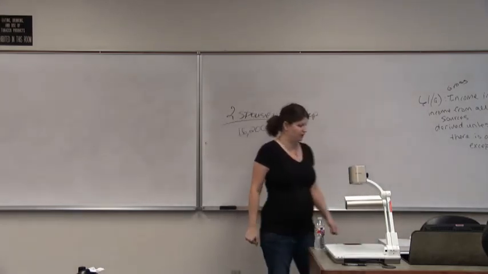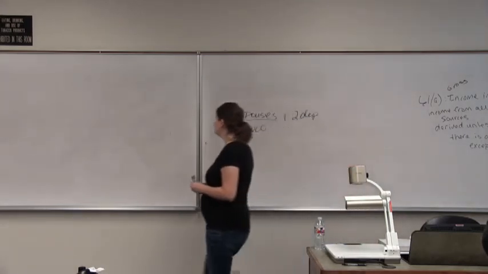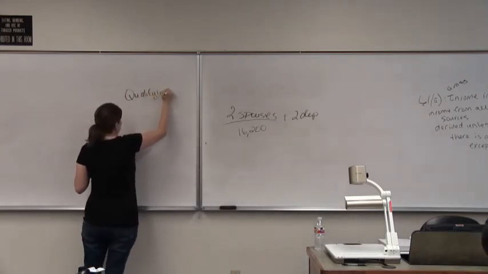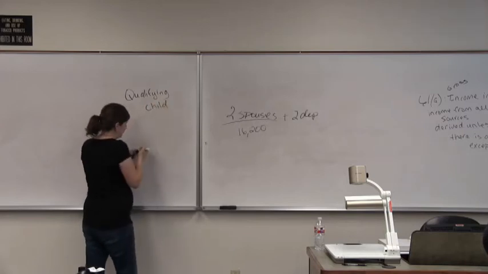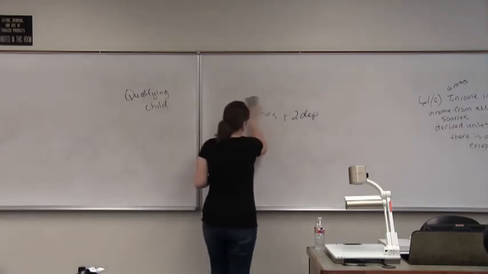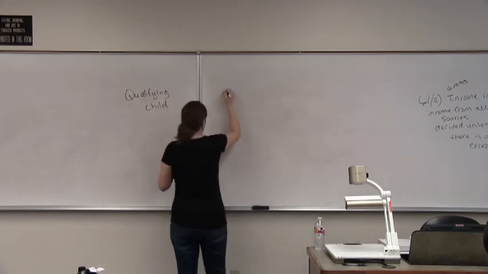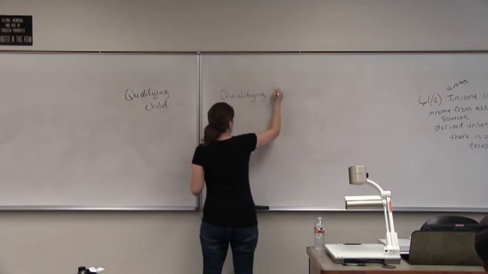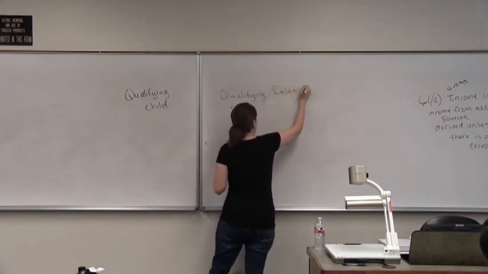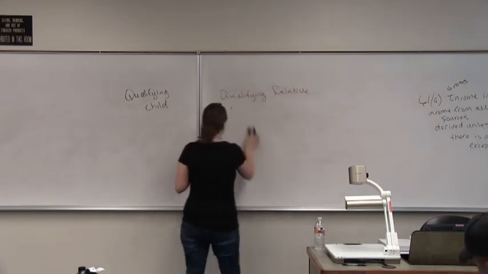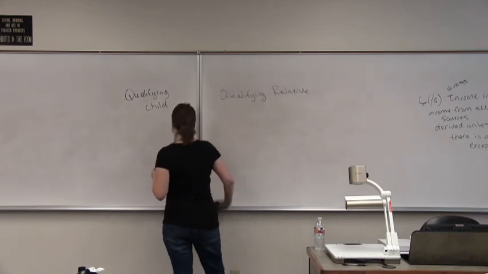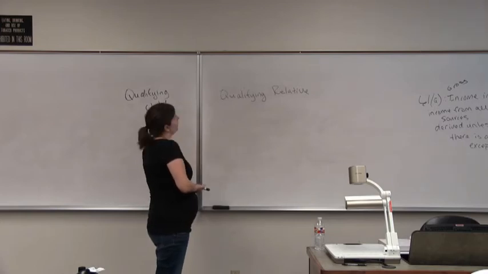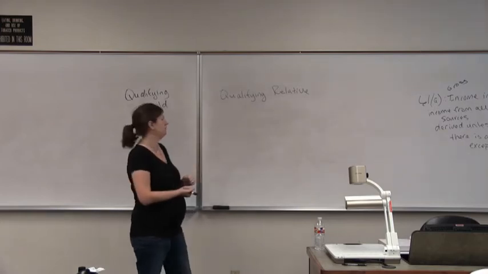Okay, so there are tests. There are two different types of dependents. We have a qualifying child, and then we have a qualifying relative. So we're going to talk about qualifying child first.